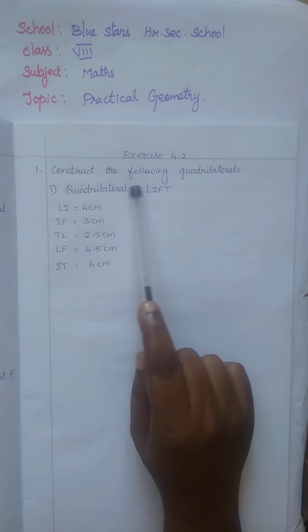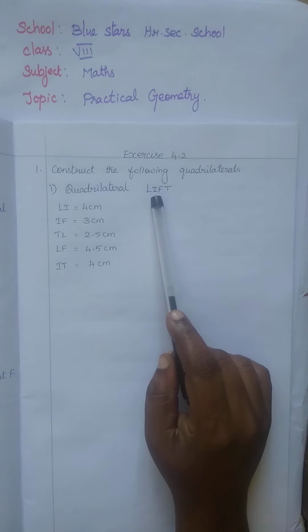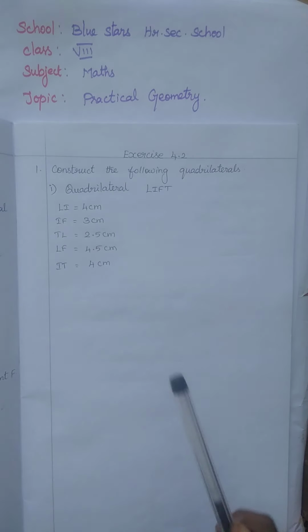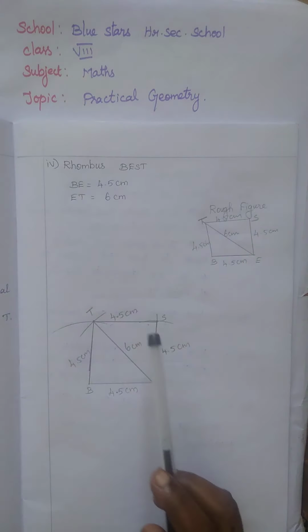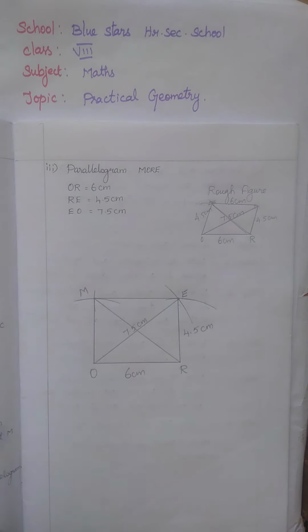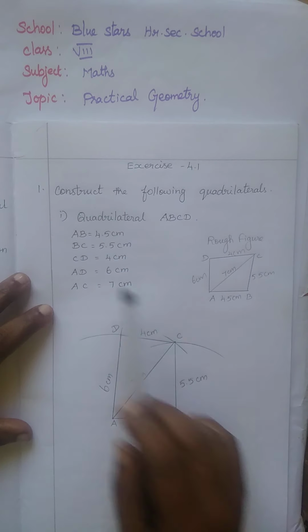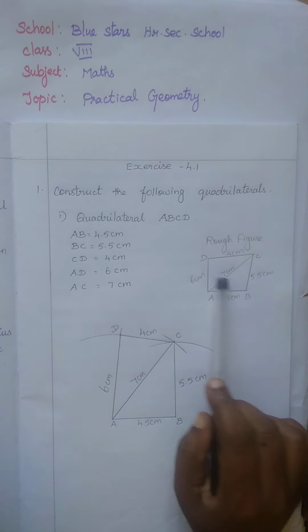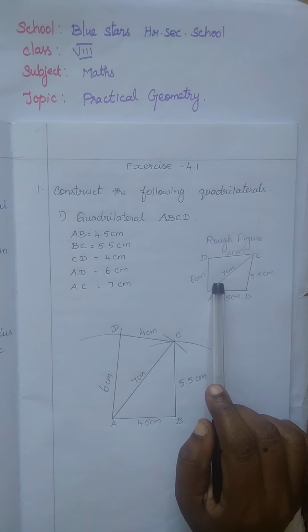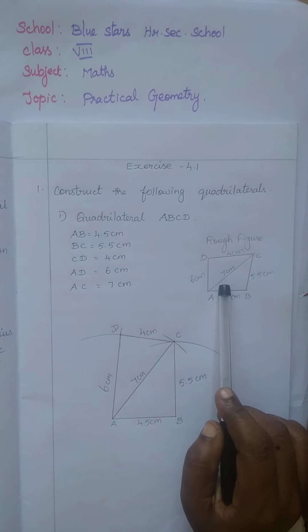Question number 1, construct the following quadrilaterals. In the last class also we saw quadrilaterals, but what is the difference between exercise 4.1 and 4.2? In exercise 4.1, 4 sides and 1 diagonal are given.